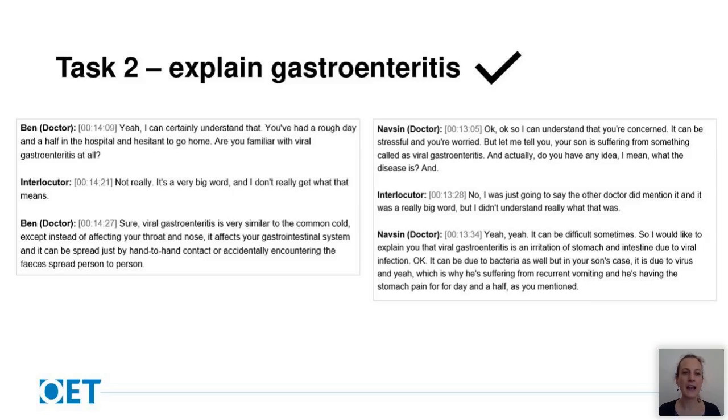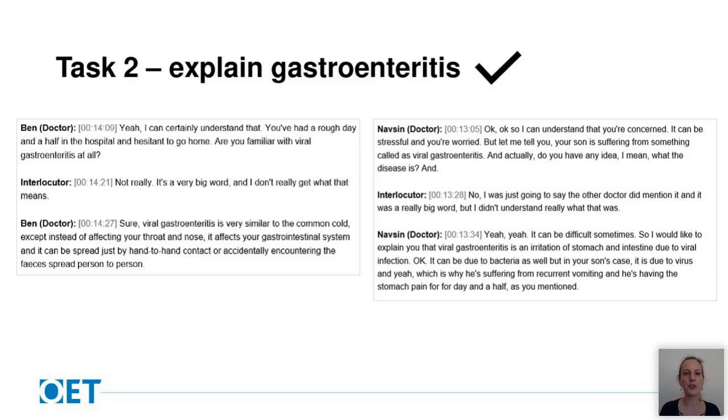So the doctor on the left, Ben, in his explanation of viral gastroenteritis, made use of things that the parent would be very familiar with, for example, the common cold. So he said, similar to the common cold, except instead of affecting your throat and nose, it affects your gastrointestinal system. So that's something very clear that the parent could understand.